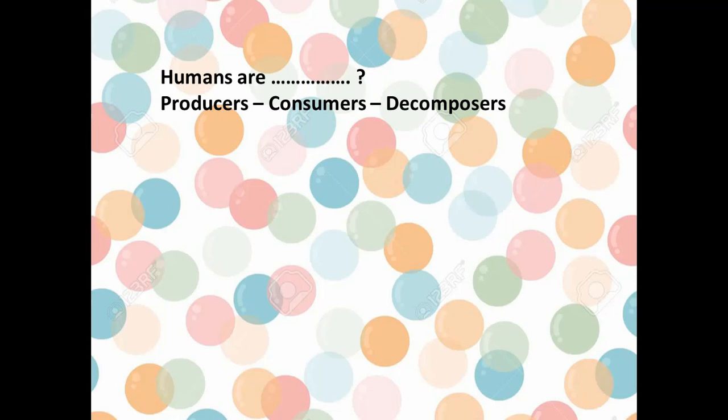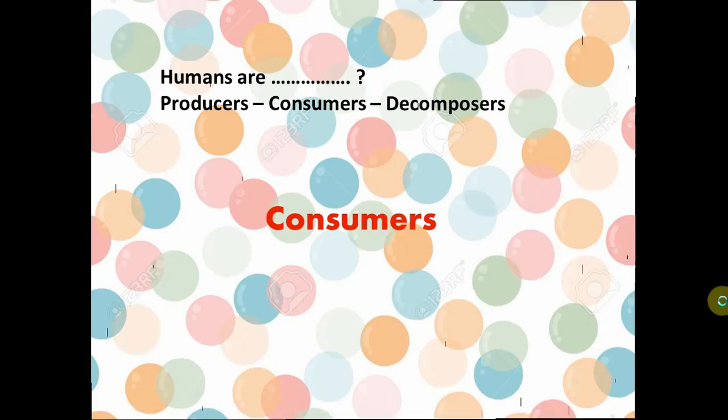So we depend on plants to get our food and we depend on animals to get our food. So we are consumers. We are consumers as we depend on another living organisms to get our food.